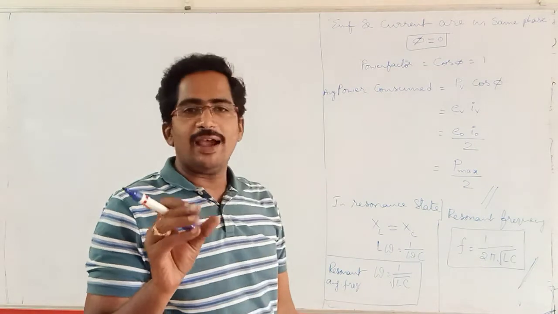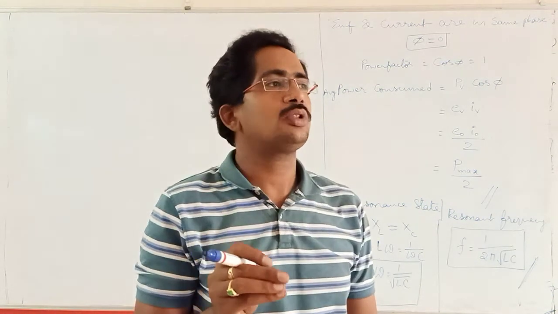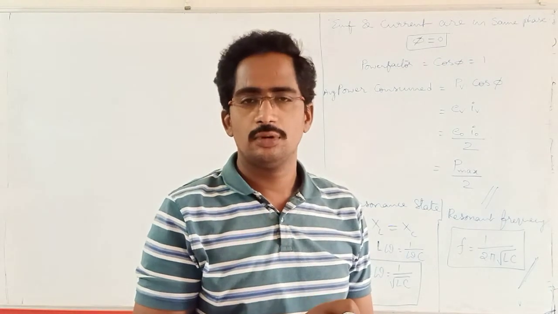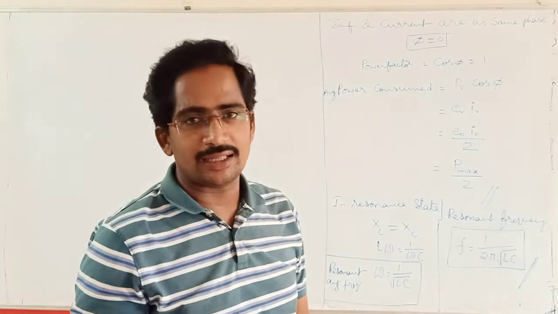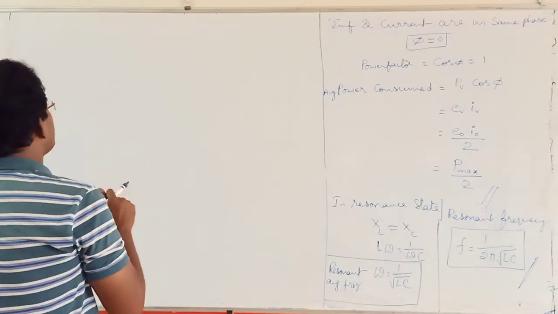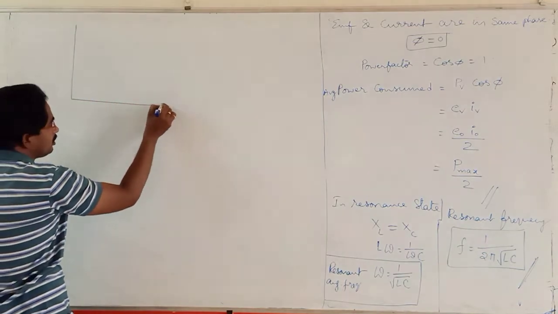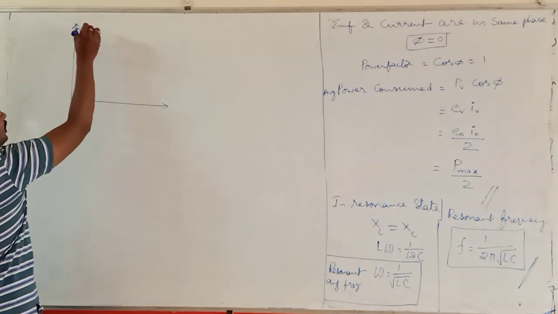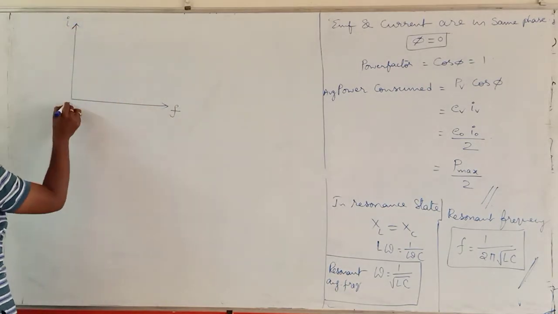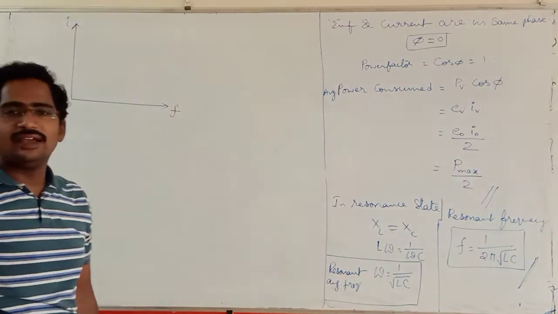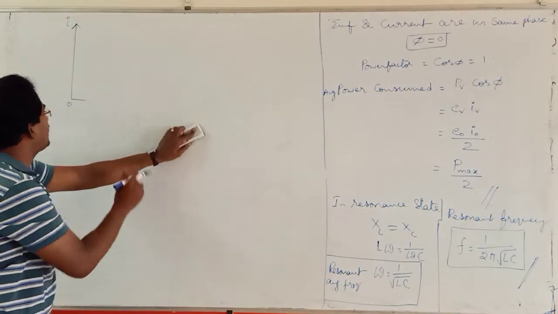Actually, quality factor is a number which gives you the information about maximum current under resonance state. See here, for example, if you plot the graph for an LCR circuit across frequency and current, the graph shape you get is like this.